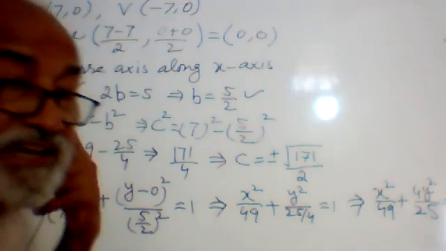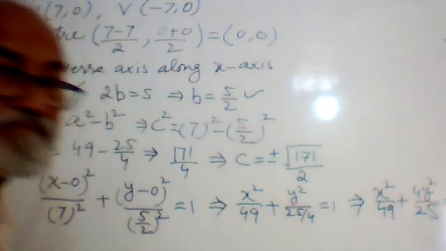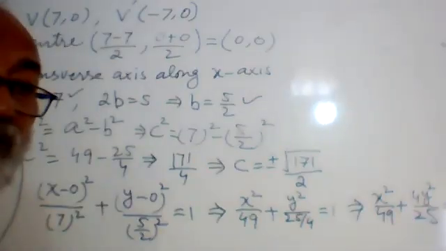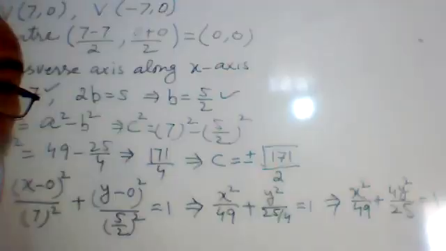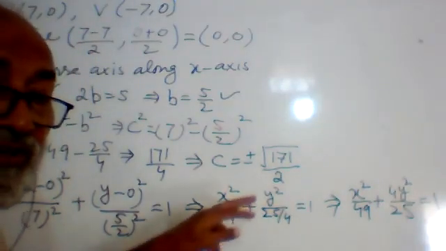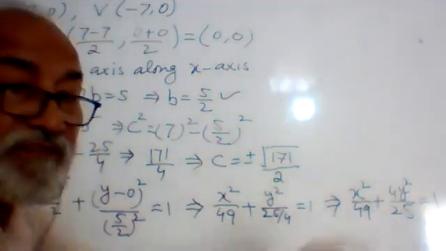This is the standard equation: x square upon 49 plus 4y square upon 25 equal to 1.